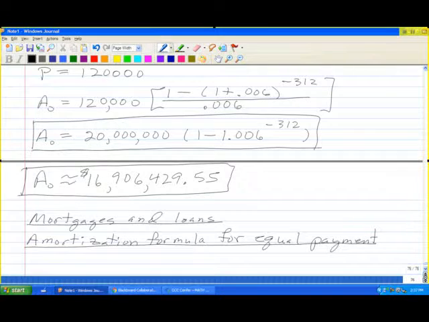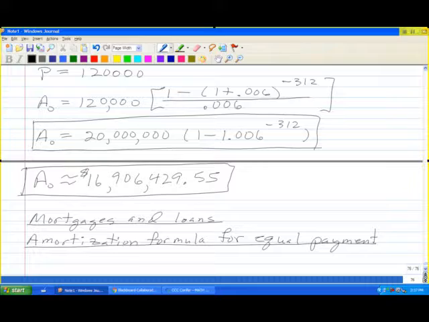This is how they calculate the amount of money you will need to pay so that at the end of a particular period of time, you've paid off all of that loan plus any interest that they may have charged you.